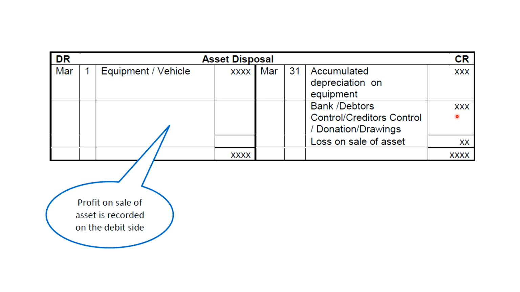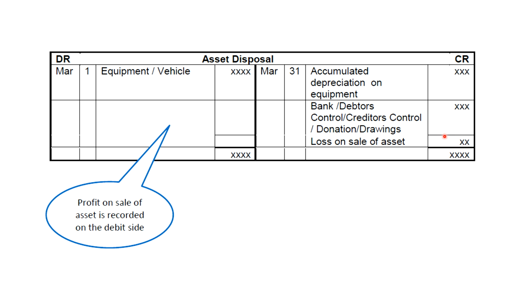Then the most important part is the loss on sale of asset and the profit on sale of asset. When you close off the asset disposal account, if your balance carried down is on the credit side, we call that a loss on sale of asset. Take note, I said balance carried down, not balance brought down.